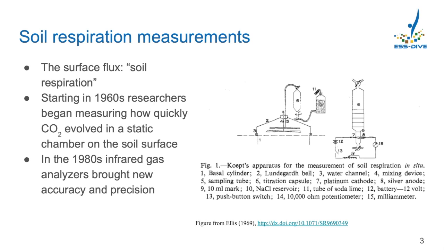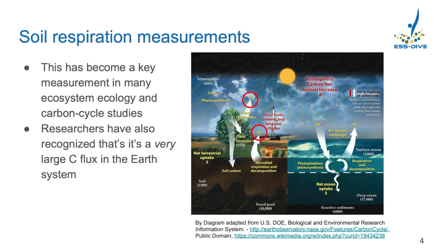And then in the 1980s, we had infrared gas analyzers that started really to be used, and this brought new accuracy and precision and speed. And this made these kinds of measurements much more widespread, and it's really become a key measurement in many ecosystem ecology and carbon cycle studies.